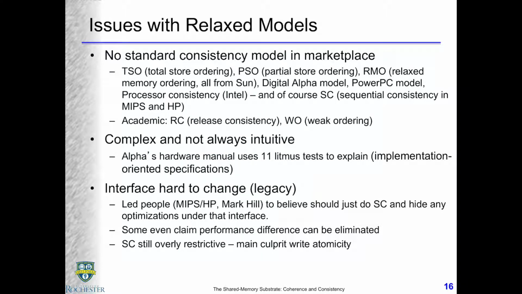So that's really the problem, that these relaxed models are a contract. There are different versions of the contract. They're not necessarily easily understood. It's hard to explain them. You need a lot of examples to show what happens. And we will see that in one of the microprocessors, Alpha, the reason we use that is because it has a very well written hardware manual that is widely available.